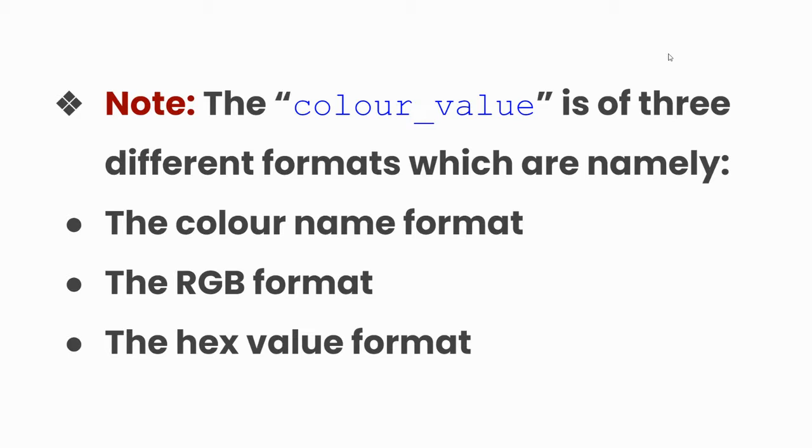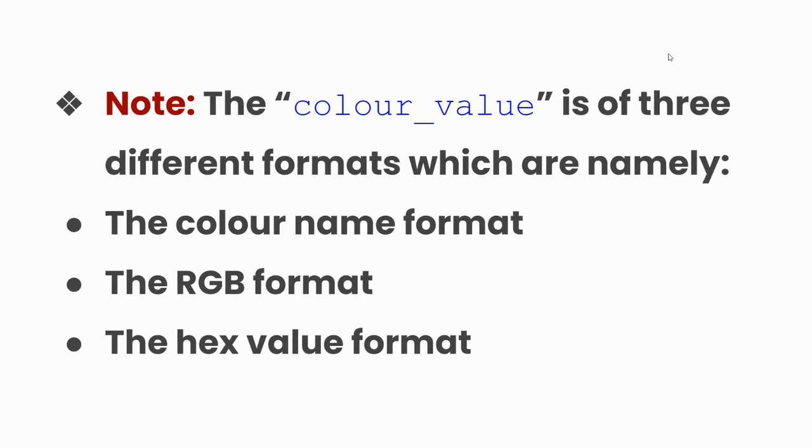You know, if you want a red color, you would use the name red. If you want a blue color, you would use the name blue, or a green color, you use the name green. But the unique thing about the remaining two formats, the RGB format and the hex value format, is that they can be used to get a specific type of color.